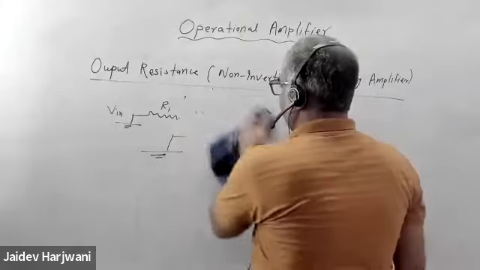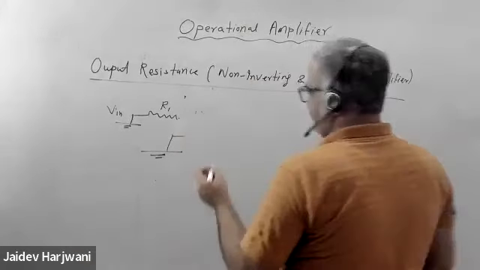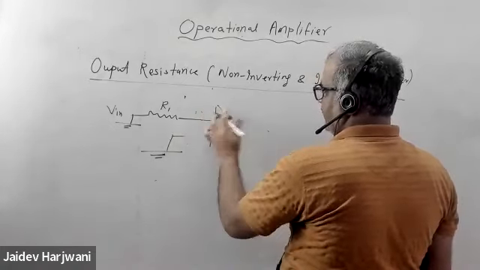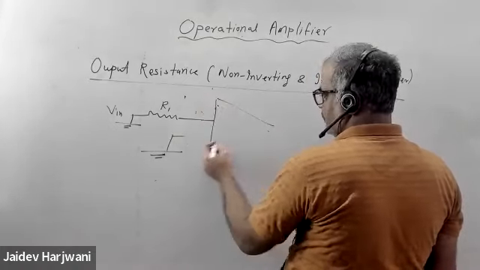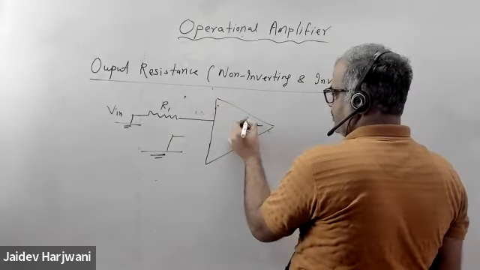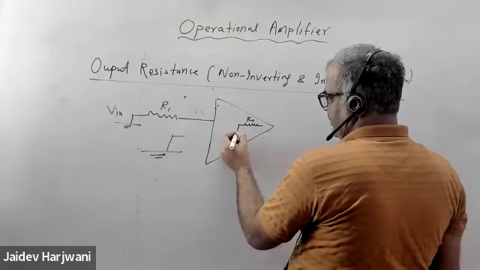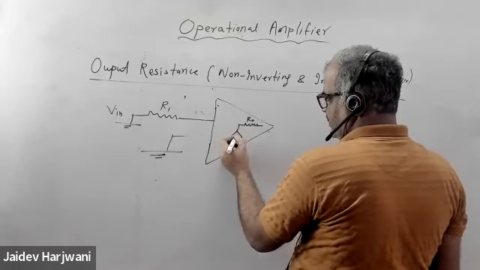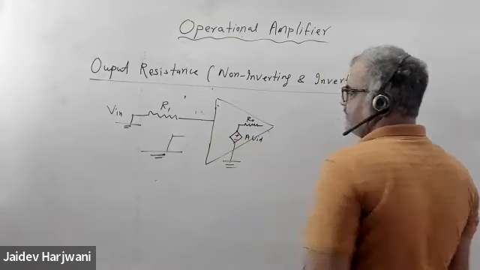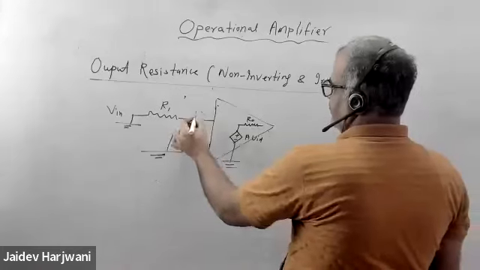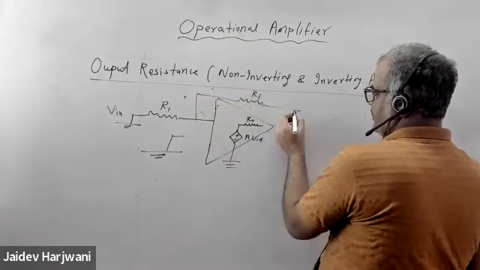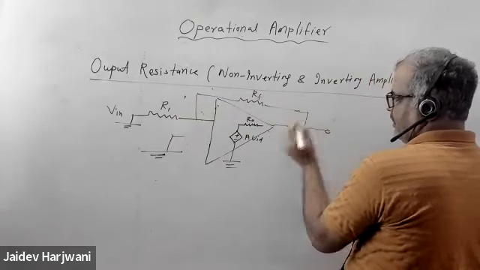You know the equivalent circuit of an op amp. I want to see the equivalent circuit now at output, because I am not bothered about the input. So here we have a resistance R0, and we have a voltage dependent source here, plus minus A VID, and that is grounded. And one loop is coming here, RF.